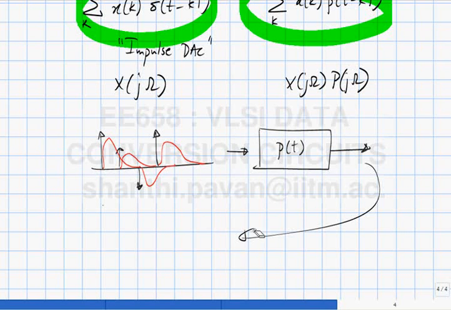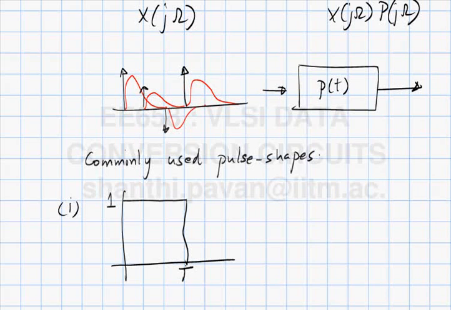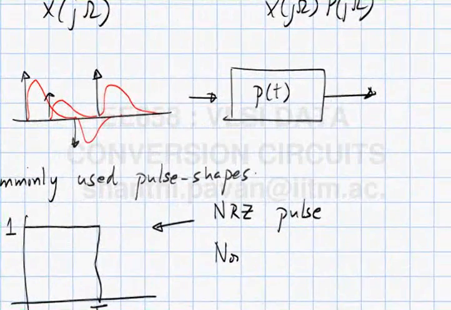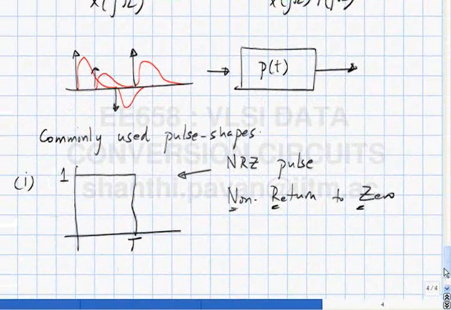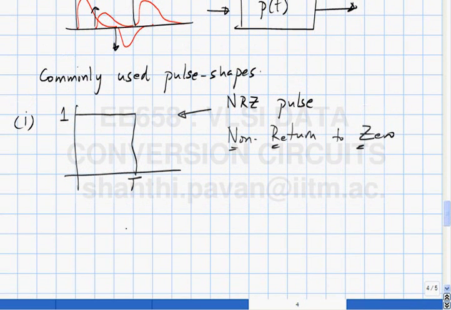So some common pulse shapes used. This is what is called the NRZ pulse. The NRZ stands for non-return to zero. So the DAC waveform would look like this.